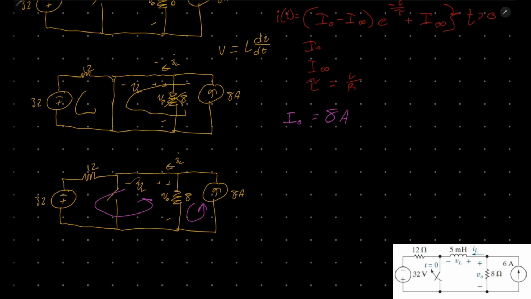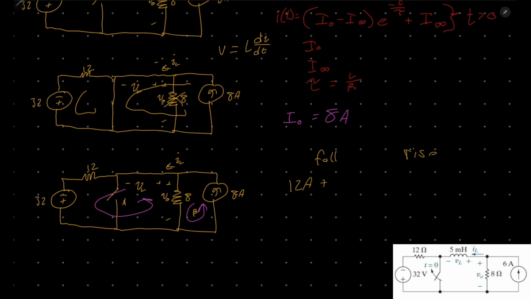Going around this loop, we have one voltage source, and again we'll label this A and this B. To start off, we'll start with this 12 ohm resistor, so we'll have 12A plus, and this is fall equals rise.